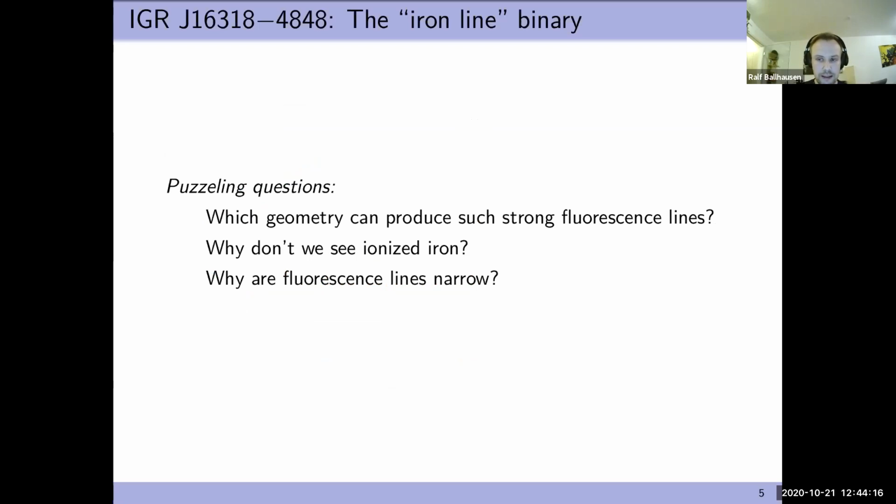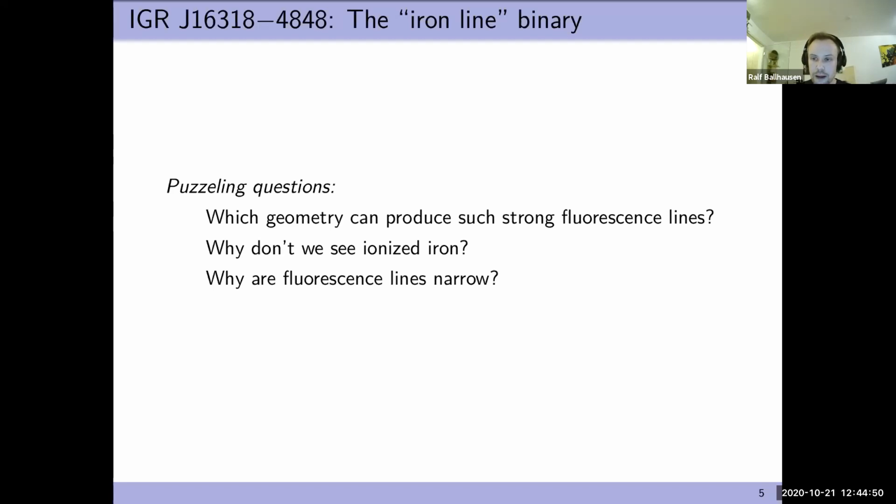I think I haven't said this yet, but this is also what the Hitomi observation showed with high accuracy, that the iron has to be neutral or only very, very slightly ionized. And this is, of course, a bit surprising if you imagine that in order to produce such strong fluorescence lines, you really have to irradiate your absorber very strongly. So you would assume that you also ionize a significant fraction of the absorber.